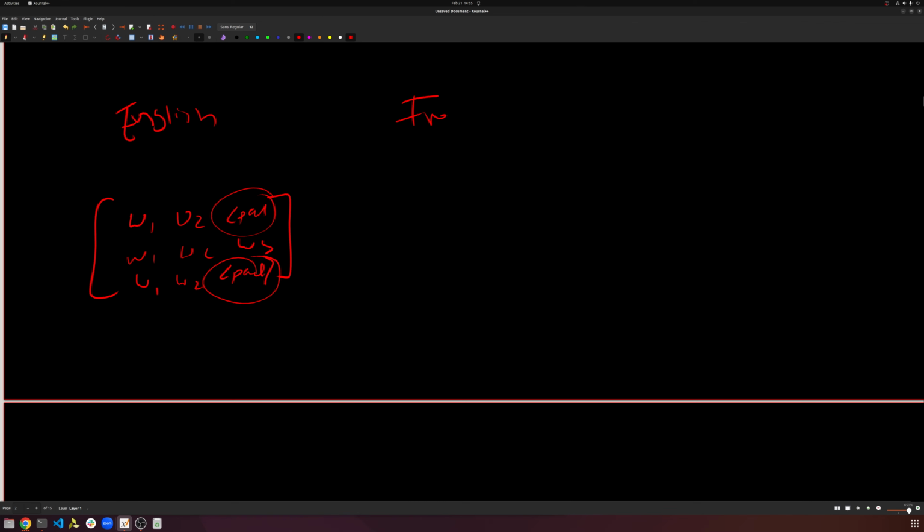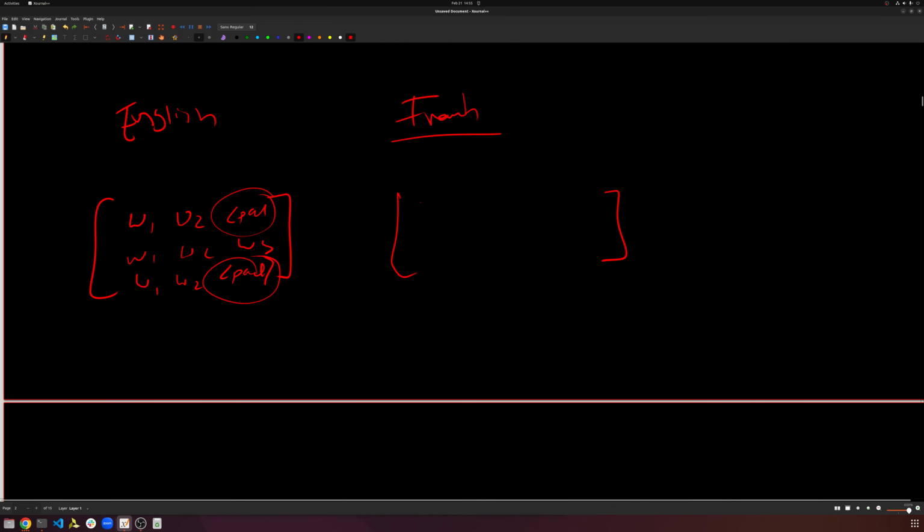But then we also have French, which will also have these: word 1, word 2, pad, pad, and then the third could be another pad. You get the idea.